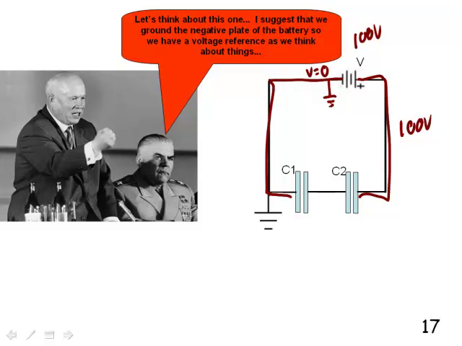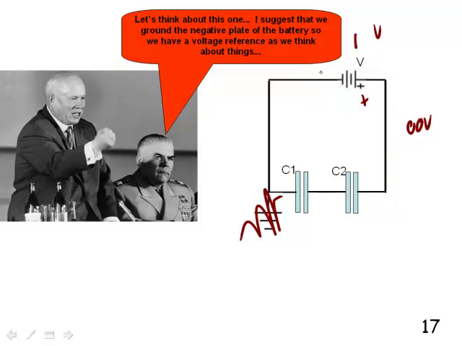Otherwise, if you don't have any kind of reference, you don't know where the 0 is, then you could have a 100-volt battery, and this might be at negative 50 volts, and this might be at positive 50 volts, and nobody would ever know. So that's why I always like to draw in my ground so I know what I'm talking about. Or I could ground this side, and that potential would be 0, and then over here we'd have negative 100 volts.